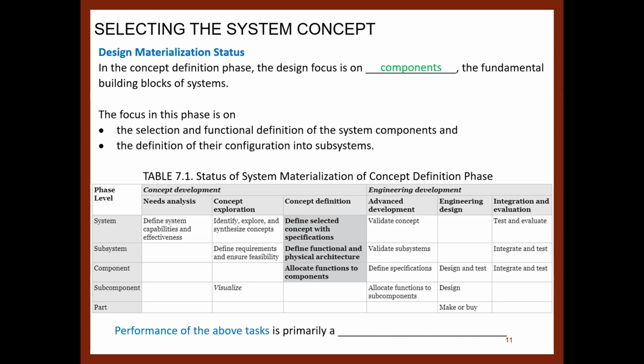In this phase, again, we are focusing on the selection and functional definition of the system components and the definition of their configuration into subsystems. The performance of the above tasks at this phase is a primary responsibility of the systems engineer.